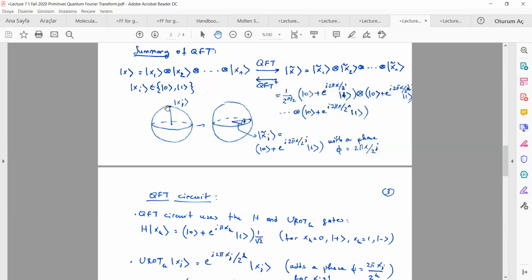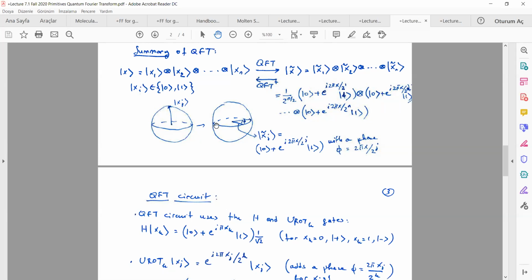So just to illustrate once more, each qubit X sub j on the Bloch sphere, this is my computational state, let's say, of X sub j, is transformed to another quantum state on the equatorial plane with a phase, right?